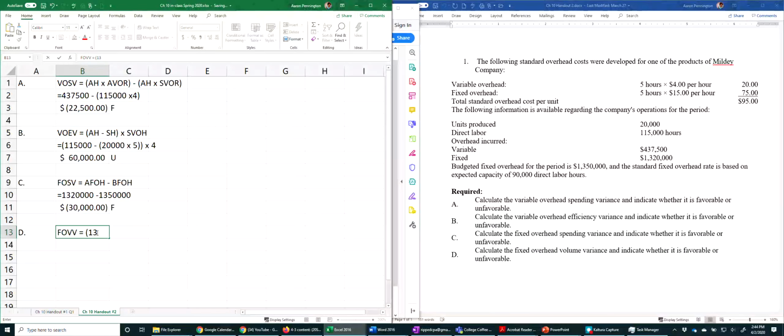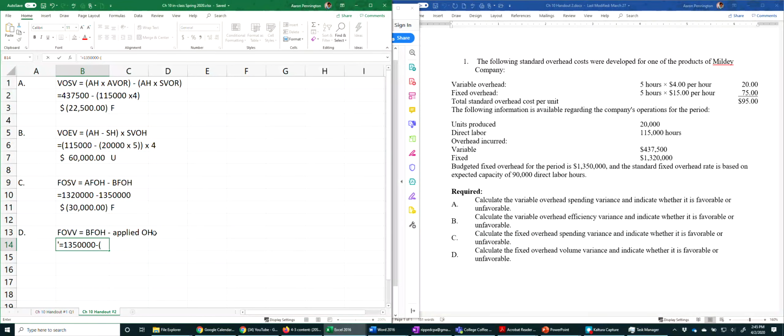So budgeted fixed overhead is still the 1.35. Actually, for consistency, budgeted fixed overhead less applied overhead. So you may remember applied overhead from a previous chapter. That's the estimation of overhead based on direct labor. 1.35 million less. So we need to figure applied overhead.